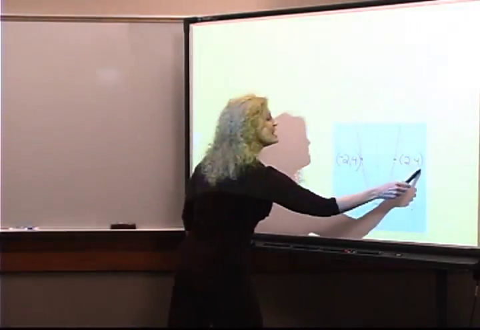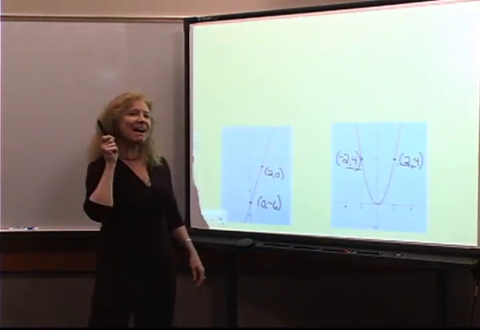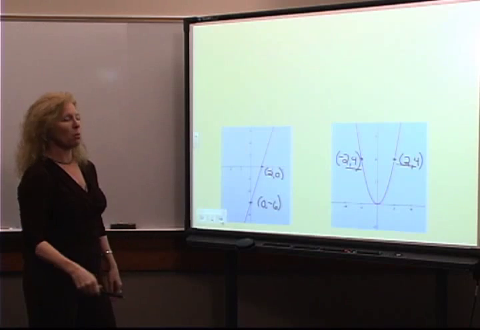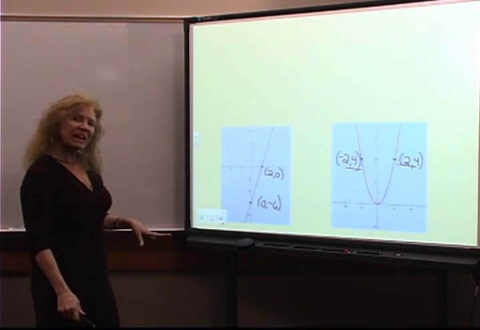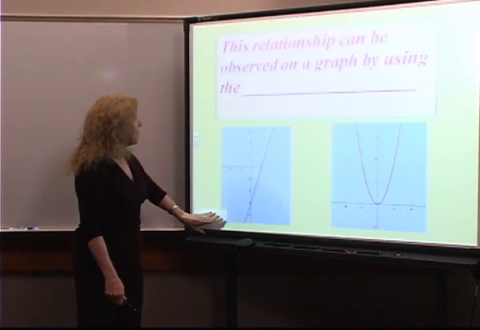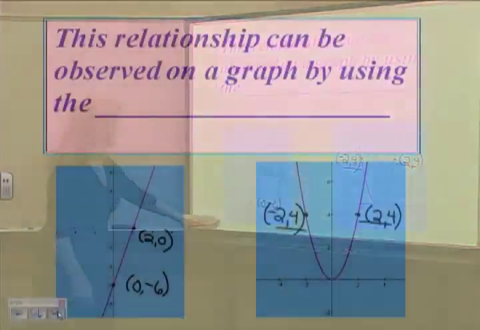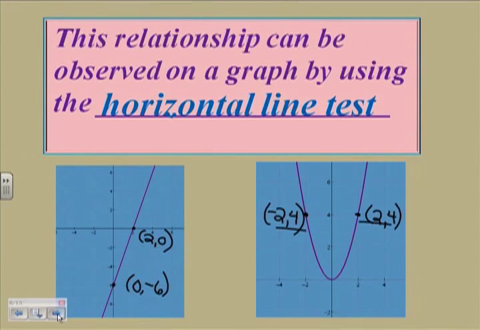These guys are not 1 to 1 because that 4 is two-timing. And you can figure that out really quickly from the graph by using the horizontal line test.